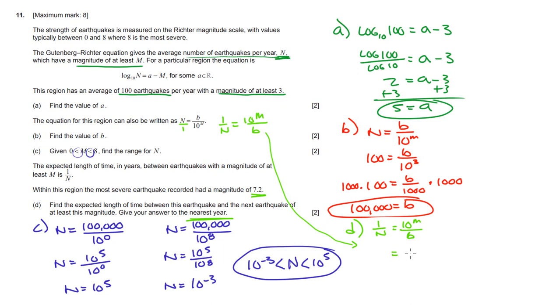So it's going to be 10 to the m, and the m in this case here, the magnitude is 7.2, so 10 to the 7.2 over b, which is 100,000, which if you'll remember we turned 100,000 into 10 to the fifth. So let's do that, 10 to the fifth. So this is going to be how long it's going to take between earthquakes.